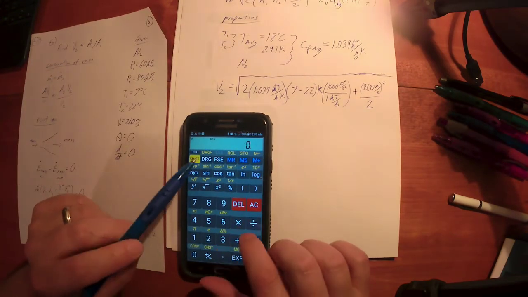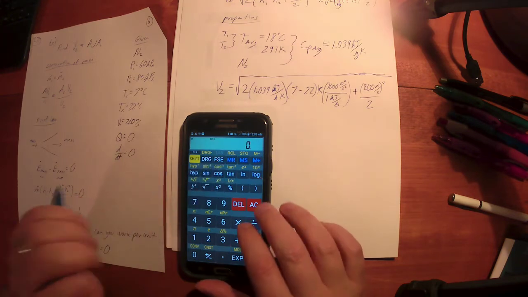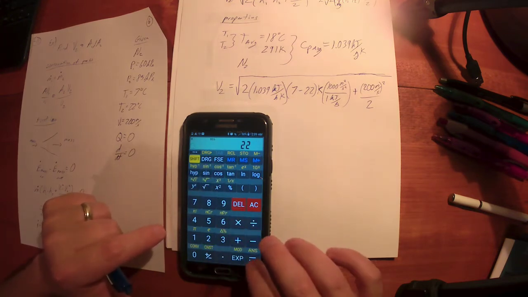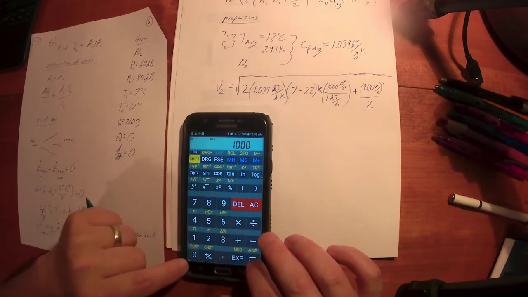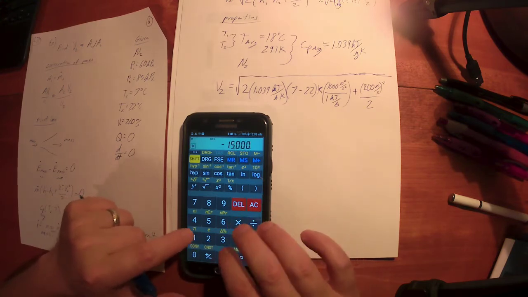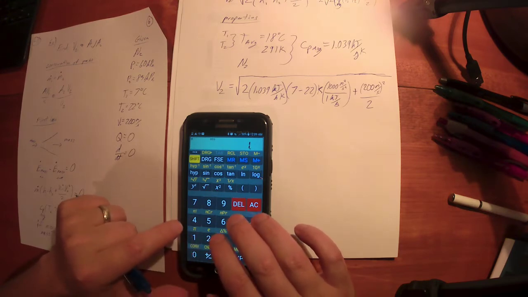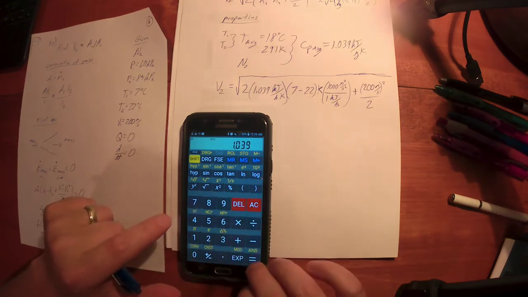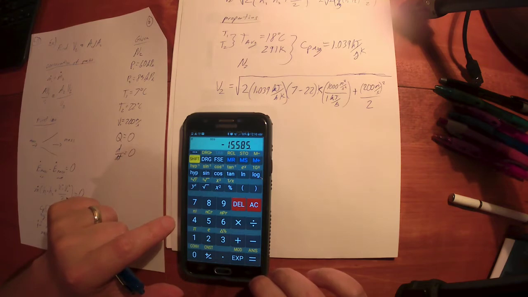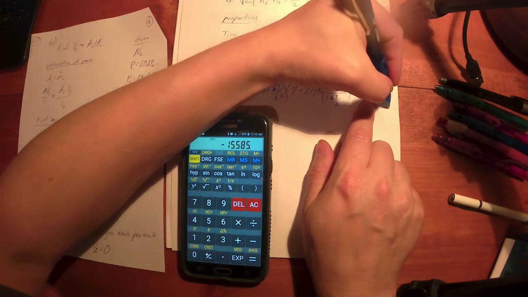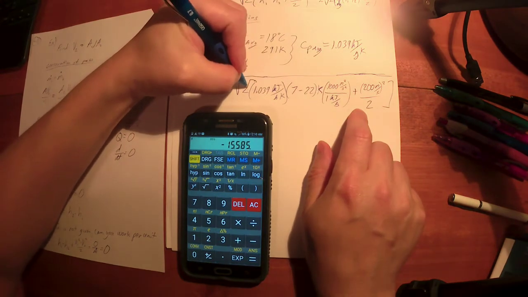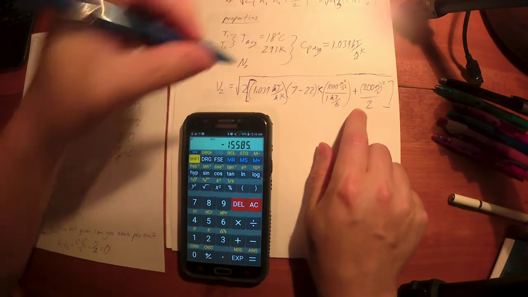So I'm going to take, let's see, what's my most complex thing? 7 minus 22 multiplied by 1,000 multiplied by 1.039. Okay. I'm going to put brackets because everything gets multiplied by 2.